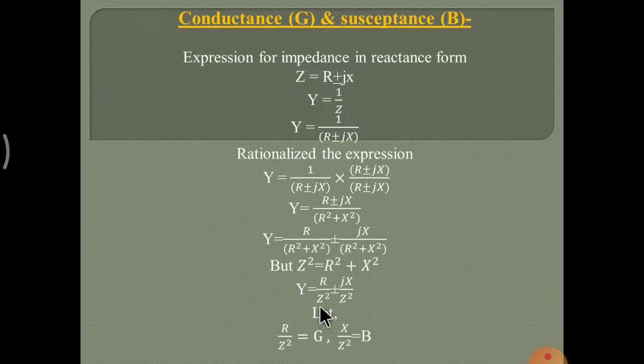Then R upon Z square is equal to G and X upon Z square is equal to B, because the admittance Y is the combination of this conductance and susceptance. So R upon Z square is G and X upon Z square is B, because Y is equal to G plus minus jB is the formula for the combination of admittance, conductance and susceptance.